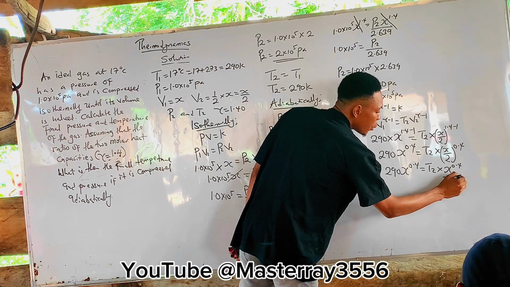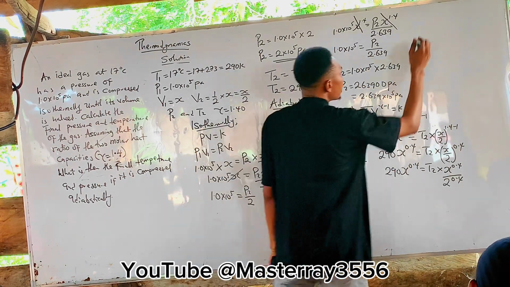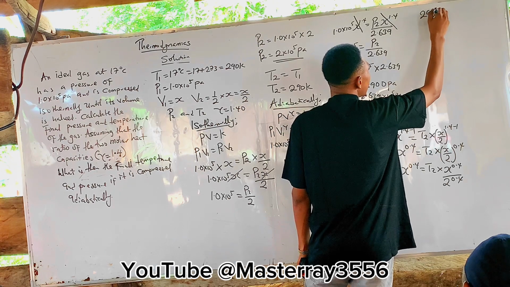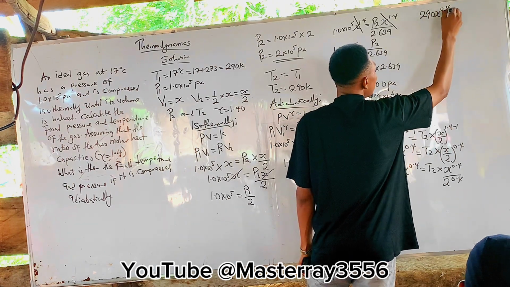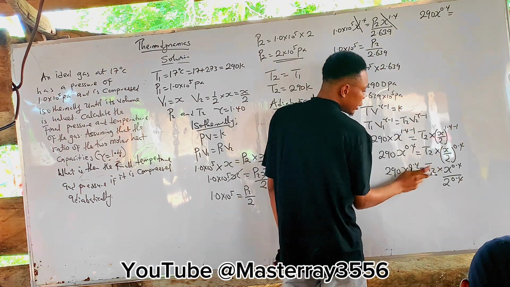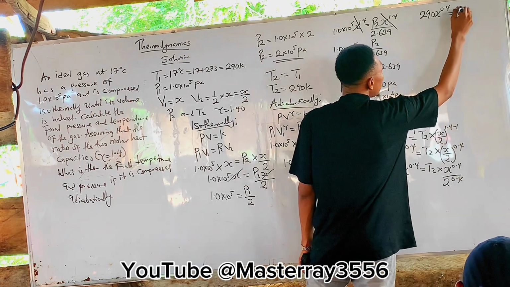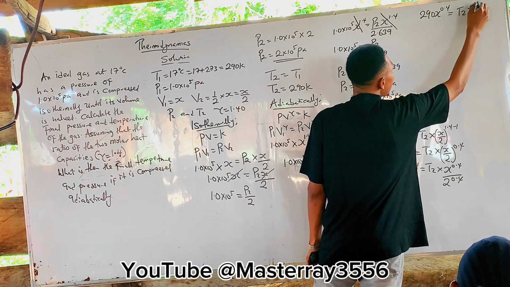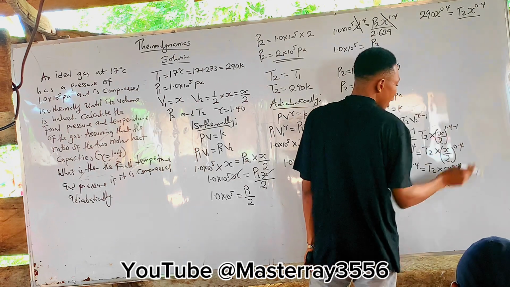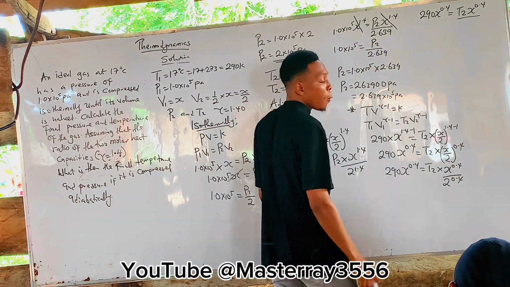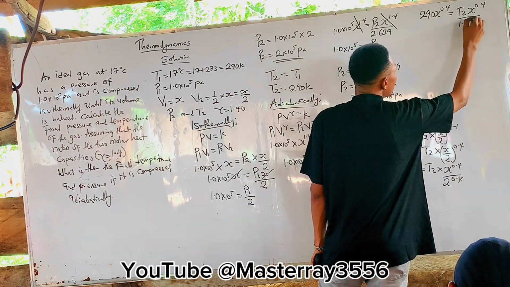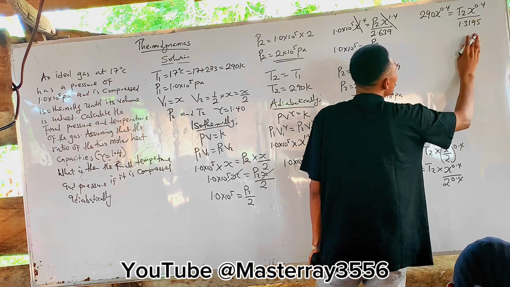So from there, we have 290 times X^0.4 equals T2 times X^0.4 all over 2 raised to power 0.4, which is 1.315. So what happened?